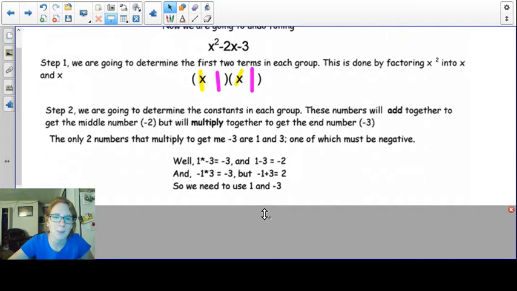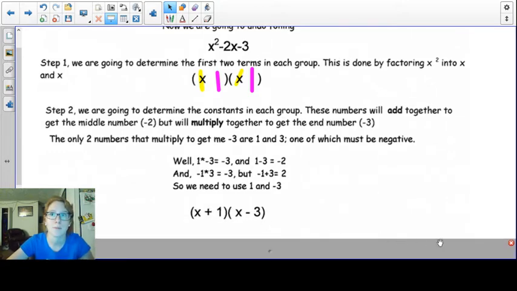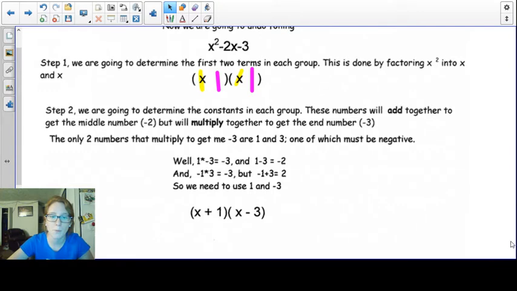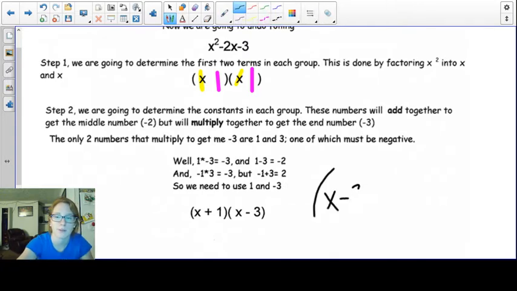So if I put the 1, we know that it's positive, so it has to have a plus sign associated with it. And the -3 has to, again, have that minus. So if I wanted to, I could switch around my parentheses. Switch back to my pen for a second. Come on. There you go. I could have x minus 3 times x plus 1. Because think about it.